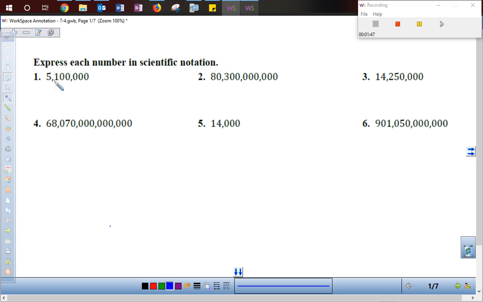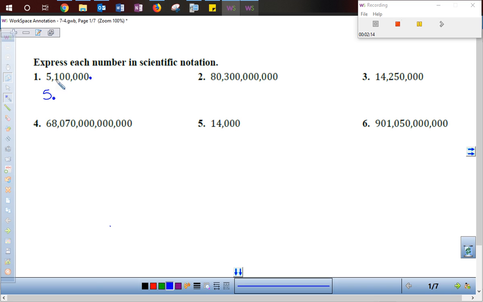Well, currently the decimal place in this number is at the very end and I need to move that decimal place so that this number is now between 1 and 10. So to do that, I'm actually going to look at the first number that I see. Now the first number that I see is 5. Now my decimal point is going to move right after that 5.